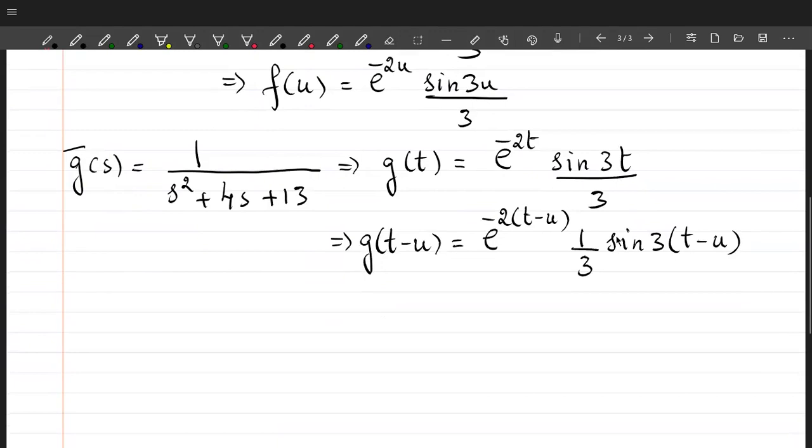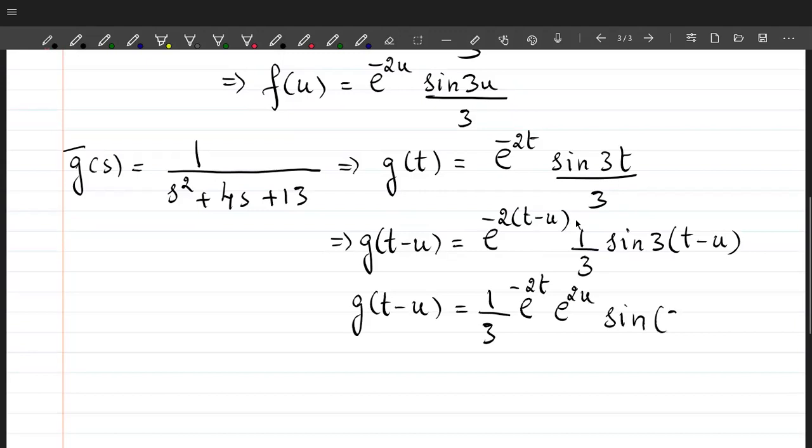Or you can also write g of t minus u is equal to 1 by 3 into e power minus 2t and e power minus 2 into minus u. That makes the term e power plus 2u. So I should get e power minus 2t into e power plus 2u into sine of, let me take that 3 in, so I get 3t minus 3u.